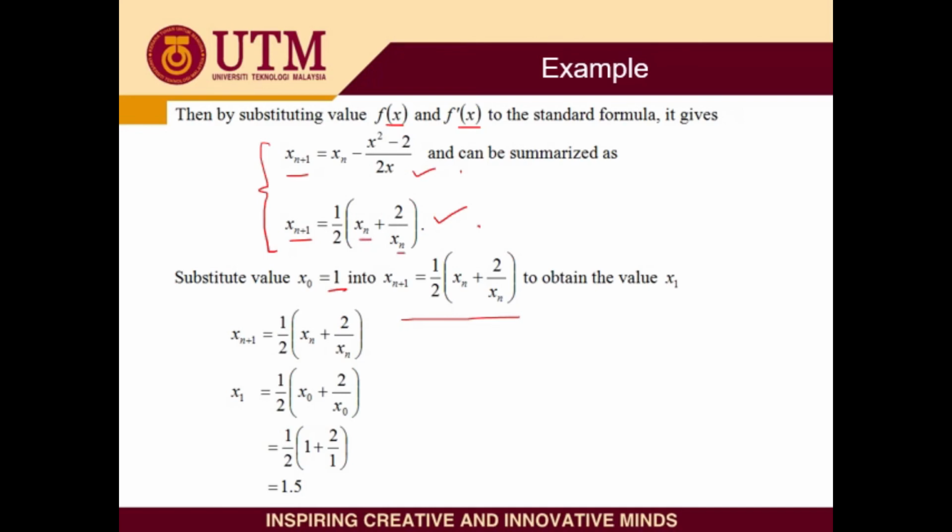If you put x0 into the equation, you will find n plus 1, which is x1. Here our n is 0, so n plus 1 is 1, and in the equation it will be x0. We already have our x0, which is 1, and then x1 equals 1.5.